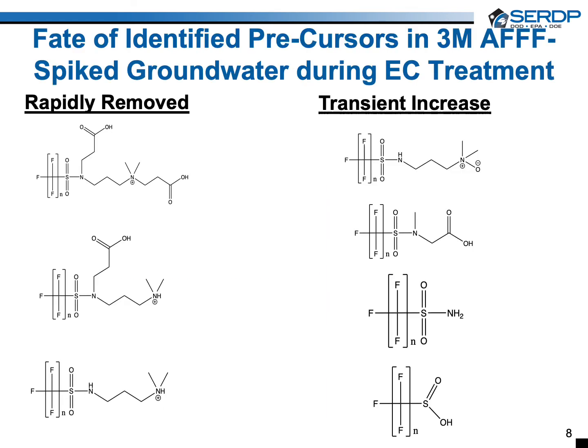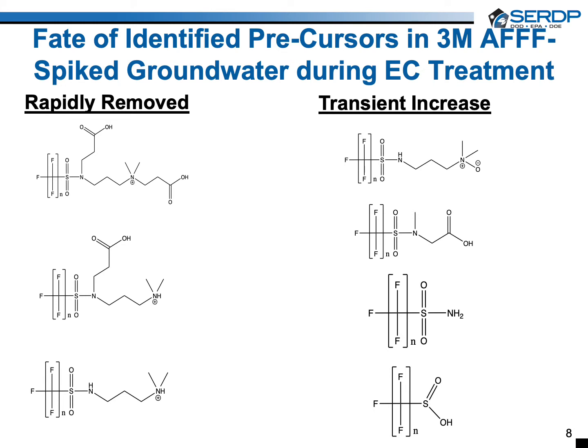First, considering the groundwater that we spiked with 3M AFFF, and again, this is a natural groundwater spiked with AFFF, we looked during this 8-hour experiment at some of these polyfluorinated compounds that were initially present in the diluted AFFF. We can see on the left here that generally these compounds were rapidly removed, and I just showed some of the more abundant compounds based on area.